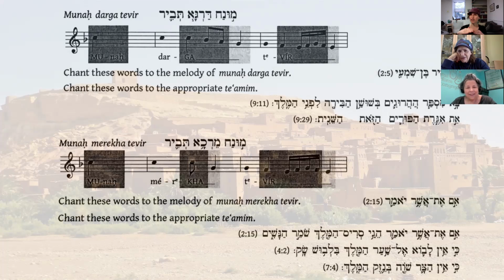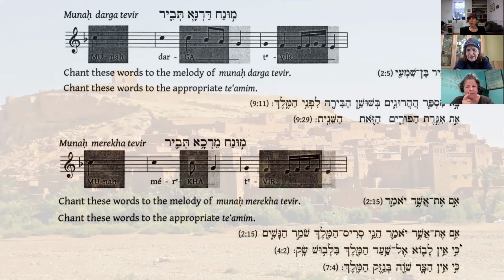And so then it affected the starting place of Tevir, which made it sound a little more drunk even than we expected it to be. אם את אשר. Im et Asher. אם את אשר. Oh, yes. Yomar, yes, there it is.